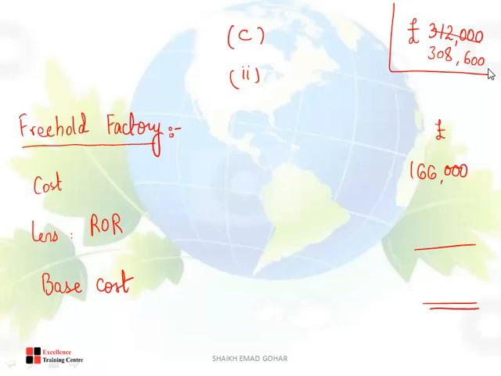So can anything be rolled over? Nothing can be rolled over, because the amount which you are keeping in your pocket is much bigger than the gain. Getting my point? So nothing can be rolled over in this situation, nil. So the base cost will be 166,000. Done. Easy. Nothing can be rolled over because your pocket savings are much bigger than the chargeable gain.